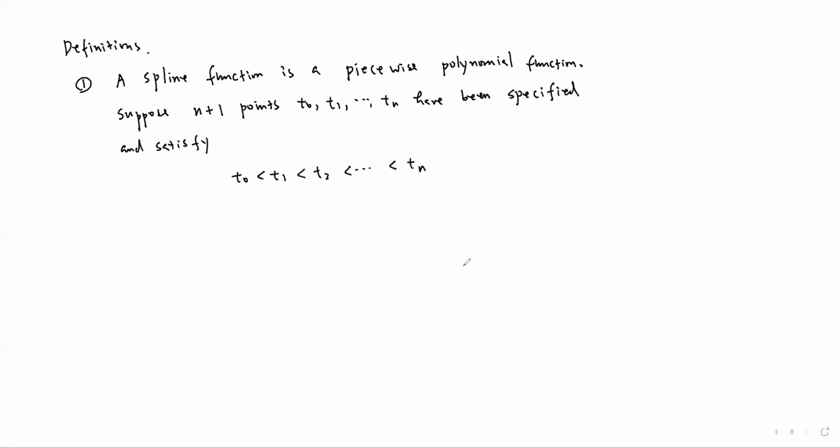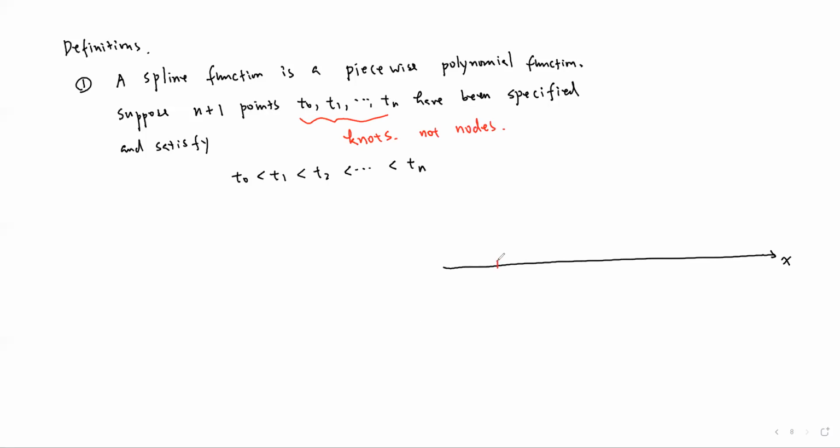Let me draw a diagram. This line is the x-axis. Now we have n plus 1 points. We give a name to them. We don't call these points nodes, we call them knots.